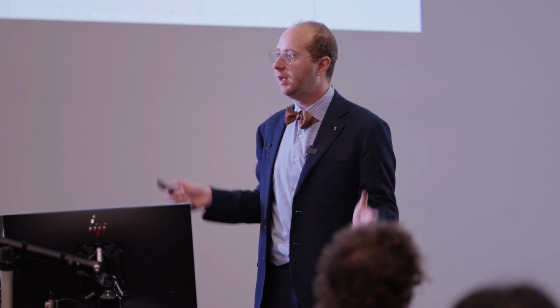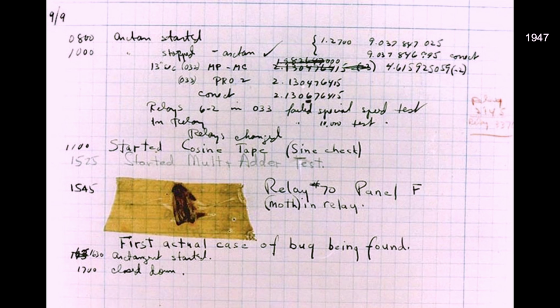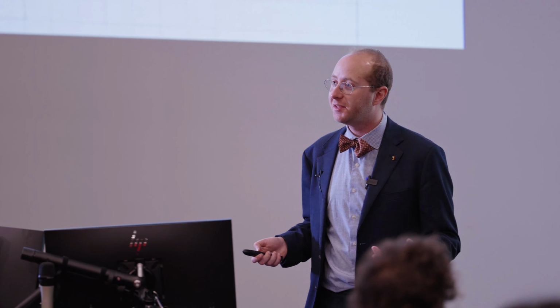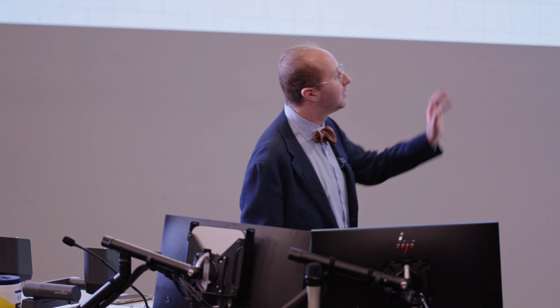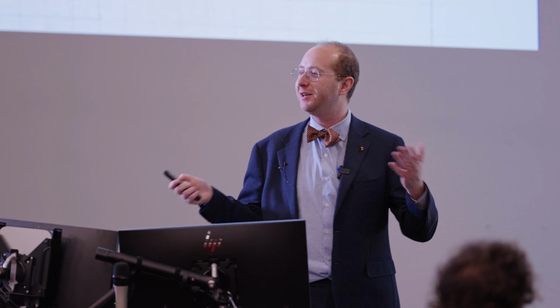The apocryphal story is that Admiral Grace Hopper, one of the leading women of computer science, discovered the first bug, an actual bug in an MIT computer, and then all bugs were known as bugs after that bug that made the thing actually not work. Unfortunately, that story is not true. Probably Grace Hopper actually did popularize this story, and it did actually happen that a bug was the cause of the failure in this particular program, this moth that was stuck inside the machine. But it's just a nice example of the concept, not actually the origination of the concept. So fun story that is not true, but feel free to retell it anyway.